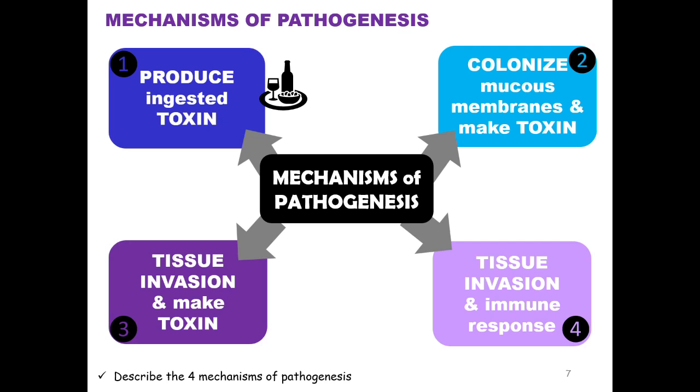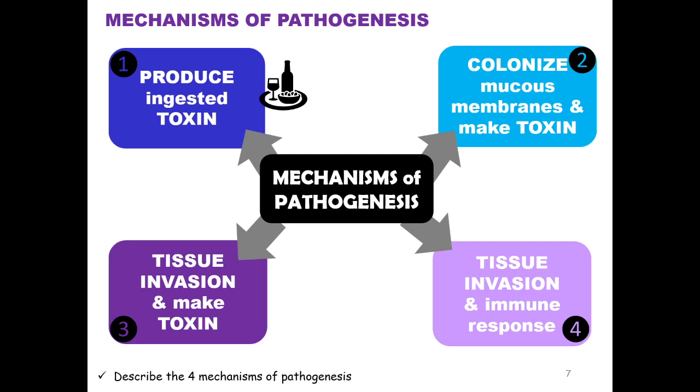Some microorganisms, it's not the infection, so it's not their numbers living inside the body. They make a toxin that they secrete that will then be ingested, so vehicle-borne, through food or water. Other microorganisms just sit on the surface of our mucosa, so think respiratory tract, gastrointestinal tract, genitourinary tract, and they make toxins that affect that organ system.